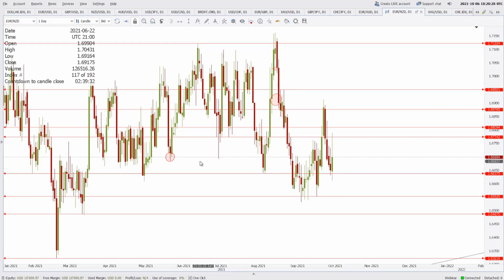So I will just remove this level, which is not an important level now. So yes, these are the two supports and resistance. 1.6637 is support and 1.6774 is the resistance.